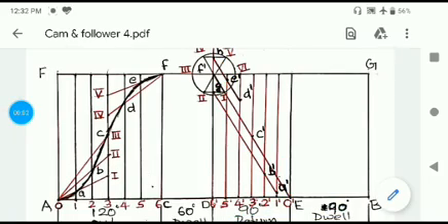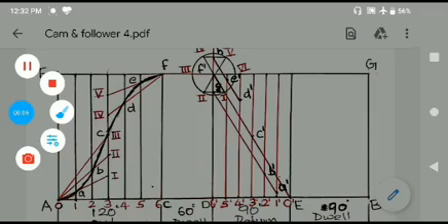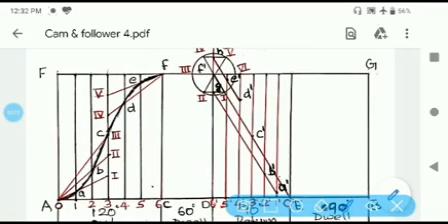We will see that the parallel line from G intersects the vertical line from 1 prime and 2 prime at points A prime and B prime. And similarly, the line f prime E will intersect the vertical line from 3 at C prime.